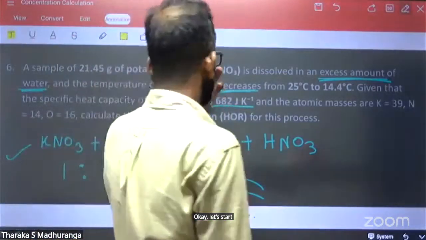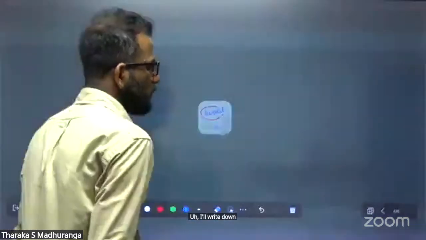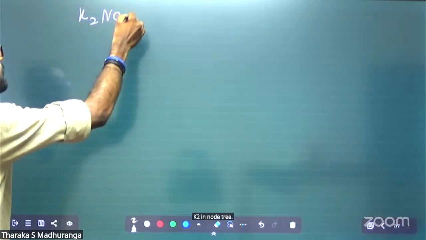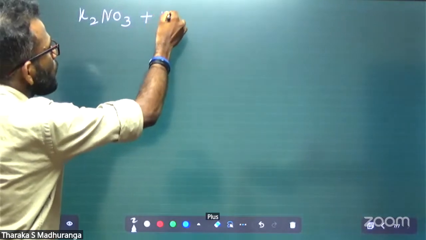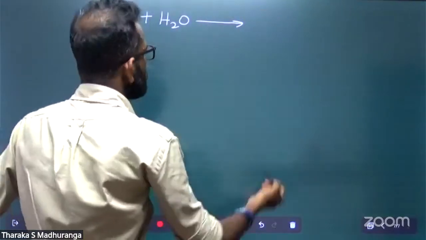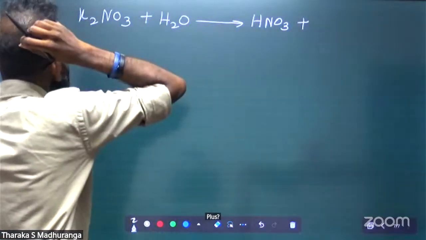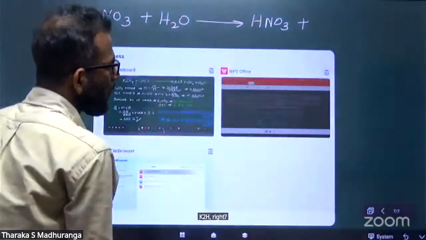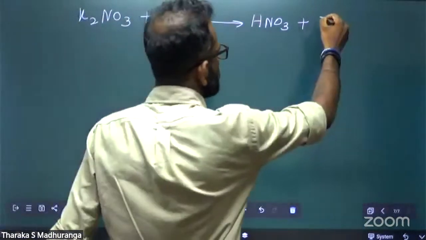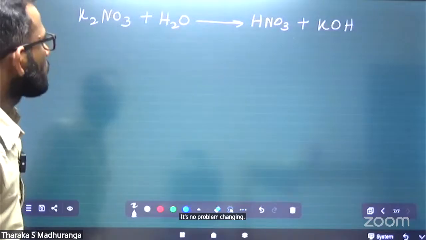Okay, let's start. I'll write down the equation first. KNO3 plus water gives HNO3 plus KOH, potassium hydroxide.